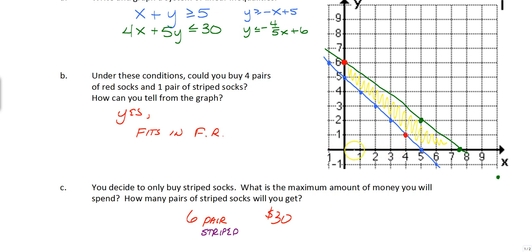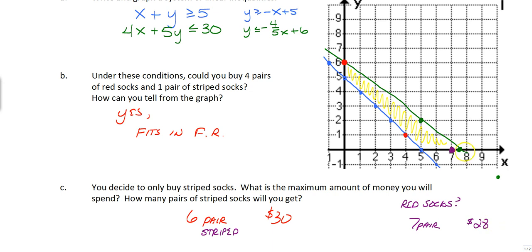Red socks is X. Sticking in the feasible region, it looks like it would be 7. So if we're going to do red socks, it would have to be 7 pair. And then you have to think that's $4 per pair, so that's $28. So you would have $28 spent, which is less than or equal to 30.